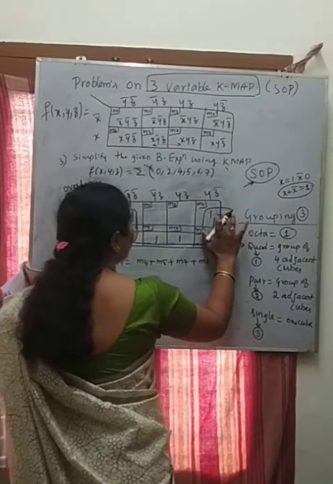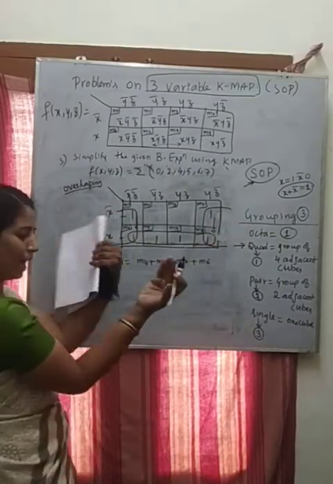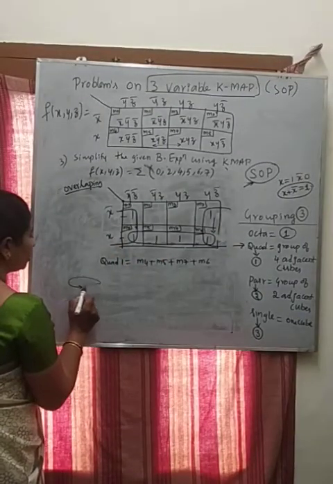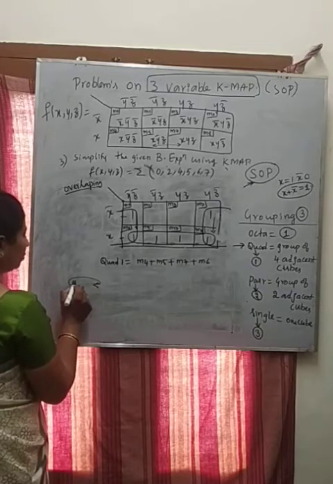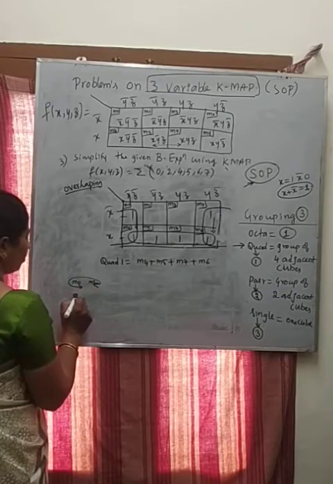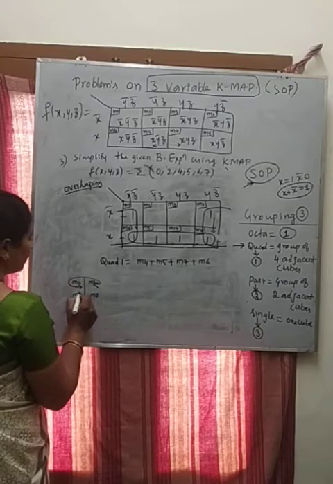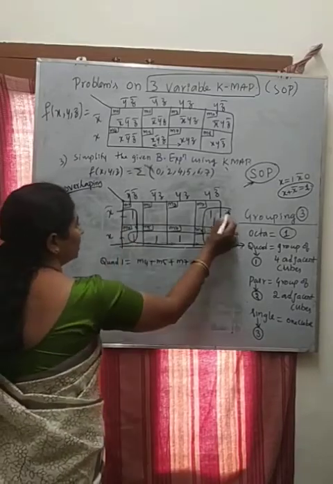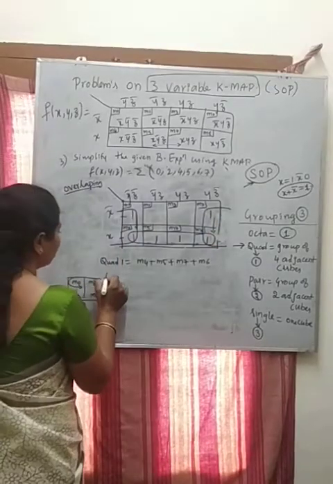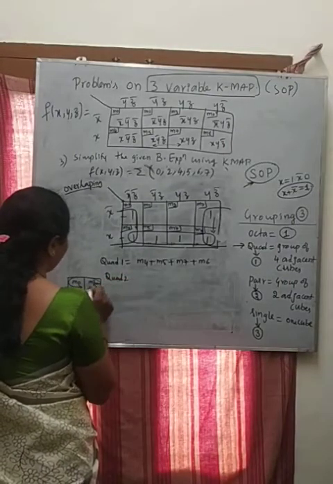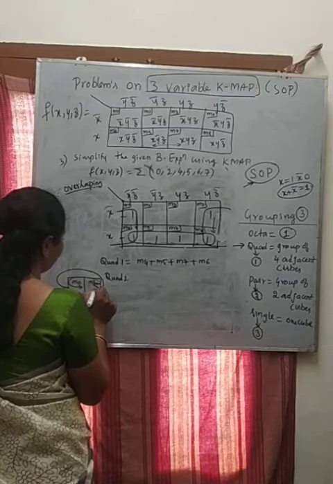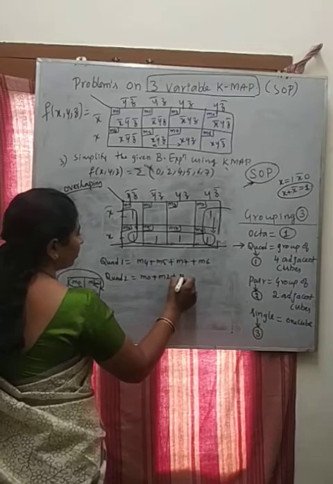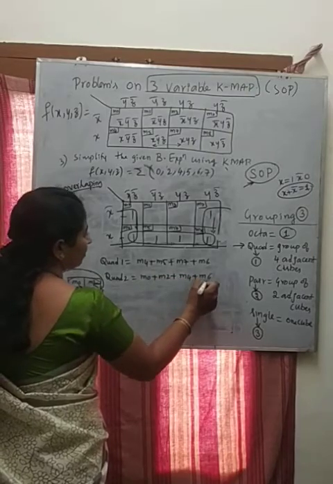This gives you overlapping group. We have folded the paper like this so that you will get M0, M2, M4, M6 as a quad. If you remove it, then it will be like this, the quad. Then this is quad 2, this is overlapping quad. Quad 2, that is M0, M2, M4, M6.